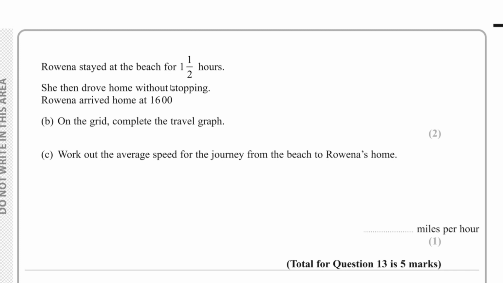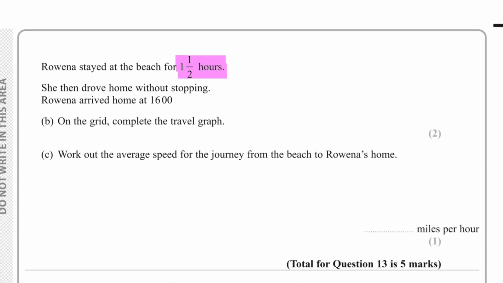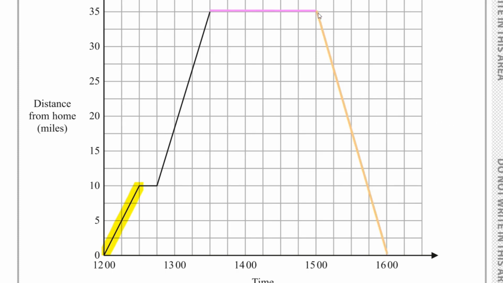The first thing is, she stayed at the beach for 1.5 hours, so we've got the 1.5 shown in pink here. Then she drove home without stopping and arrived home at 4 o'clock. So here is her going home. So here is the completed graph.